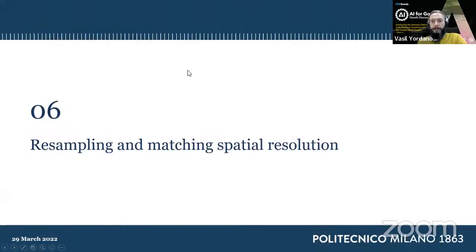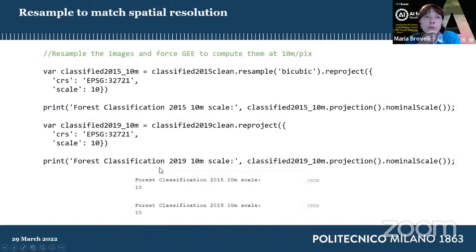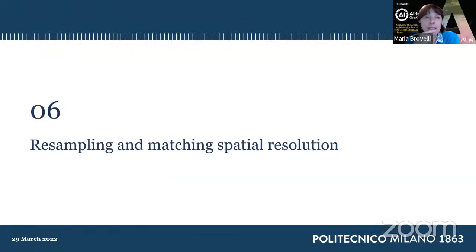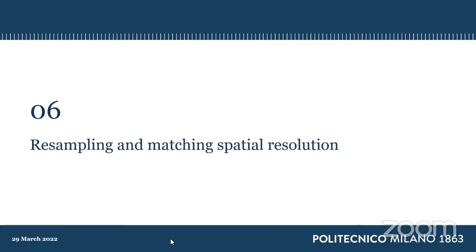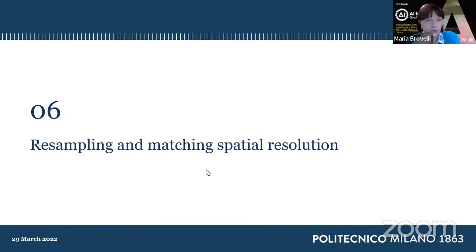Okay. Yes. So at this point, we need to do 2 more steps. First of all, we have to keep in mind that we are dealing with two different images, and one is at the resolution of 30 meters, which is Landsat 8. On the opposite, the second one is at the resolution of 10 meters.